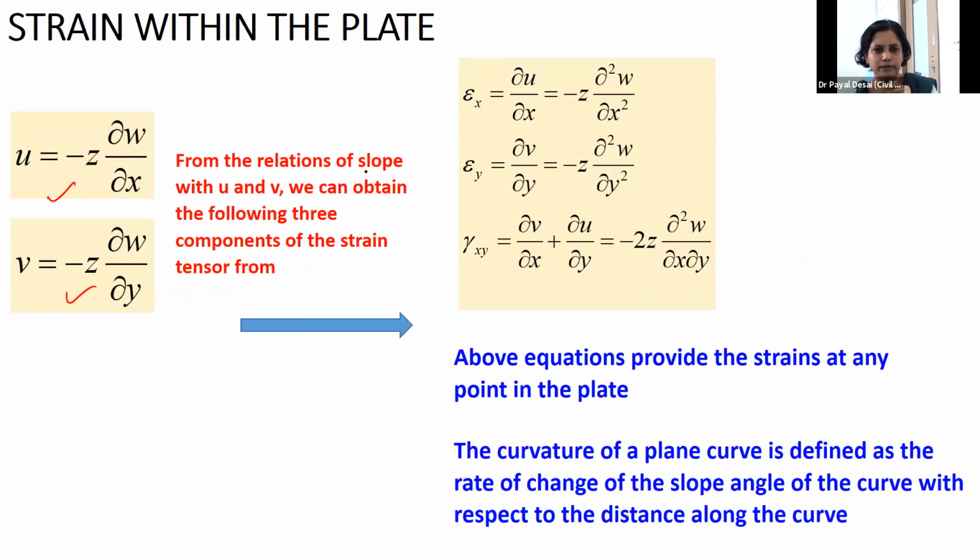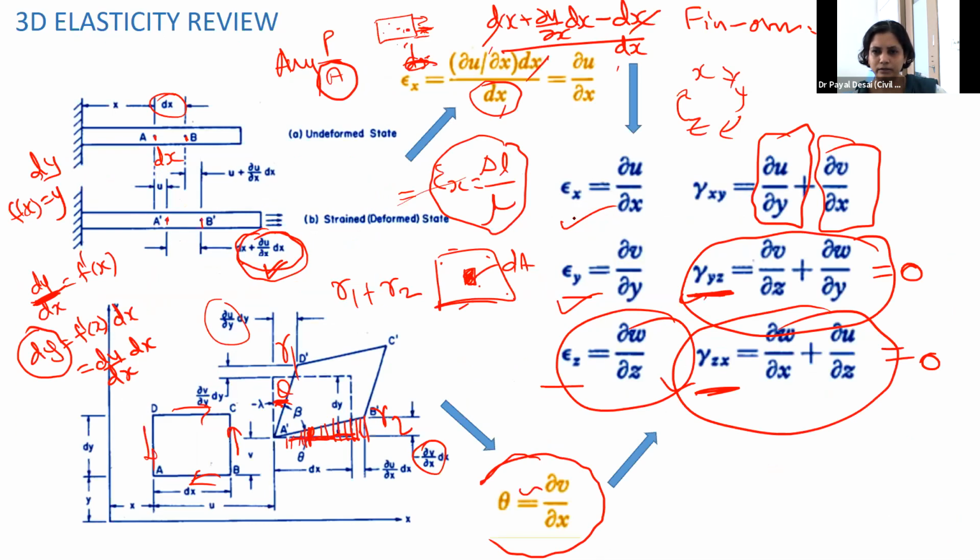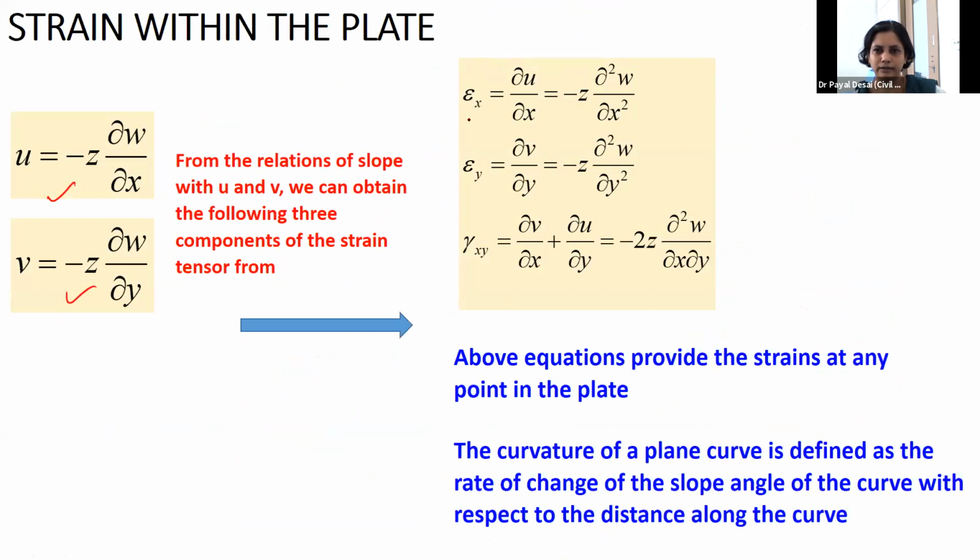And then from this we will be able to write the strain components within the plate. As I discussed with you, we are neglecting epsilon z, gamma yz and gamma zx. So we are writing epsilon x, epsilon y and gamma xy. You may see here the epsilon x, epsilon y, gamma xy, and then I'm substituting del u by del x, del v by del y.